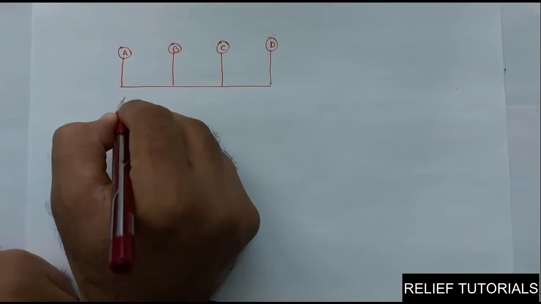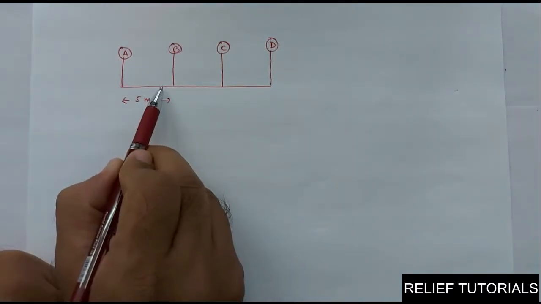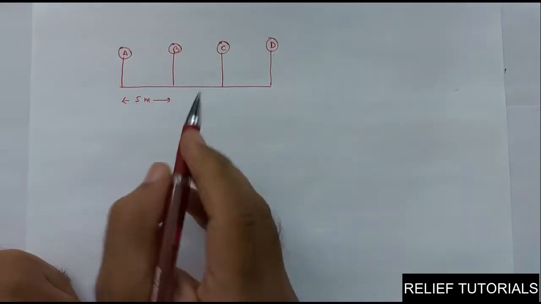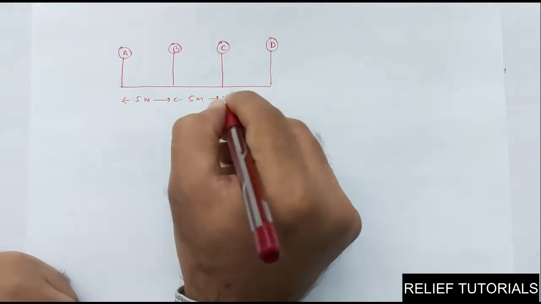The distance between each pole is 5 meter. So 5 meter between A to B, 5 meter between B to C, and also from C to D. So you can say the total length of the field is 15 meter.